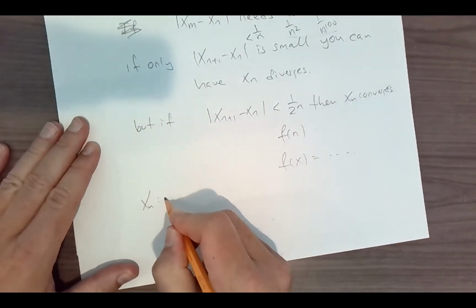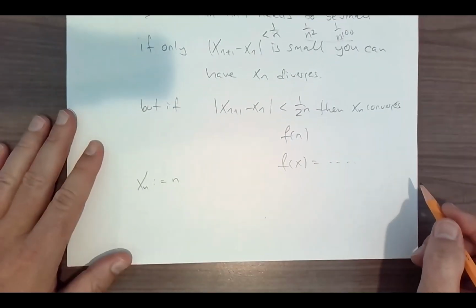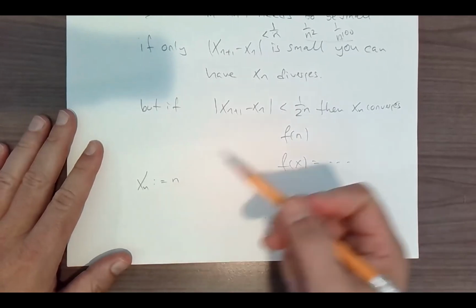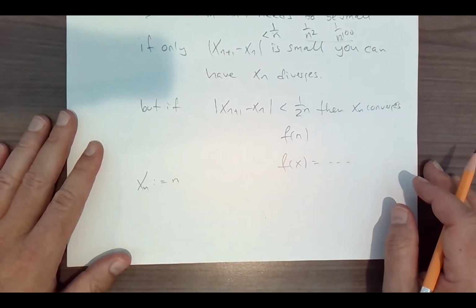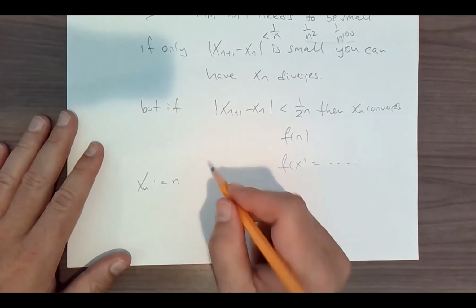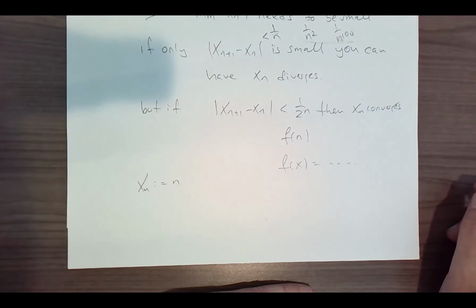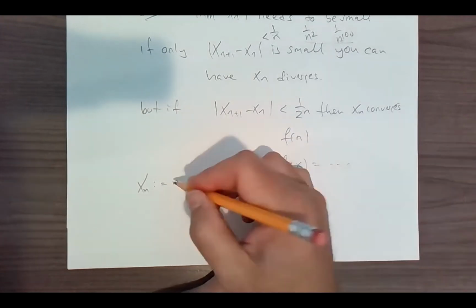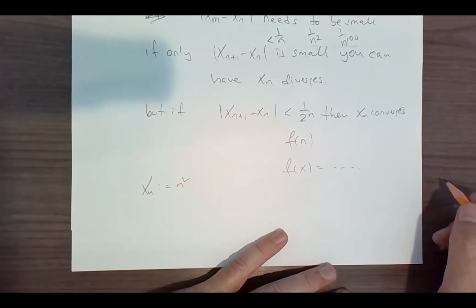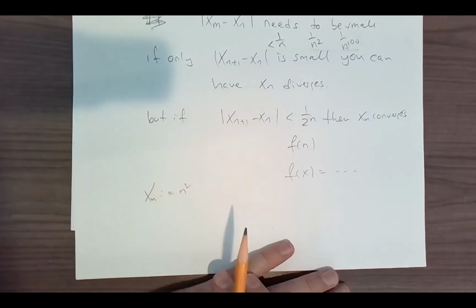If you take x_n to be n, then I would say that this converges to infinity. But you're welcome to say it diverges to infinity. This is fine. But if you put x_n equals n squared, would that strictly diverge? Or no, this still converges to infinity.